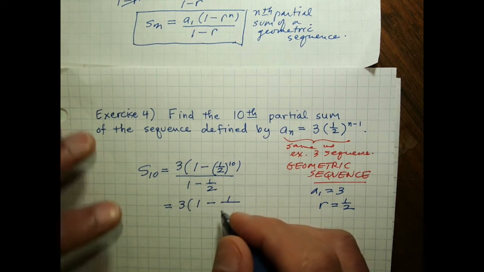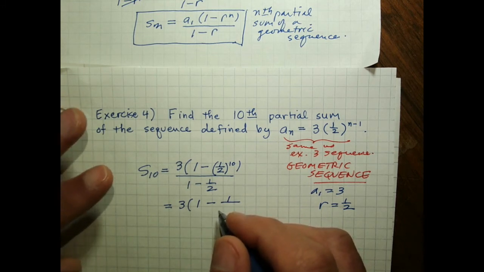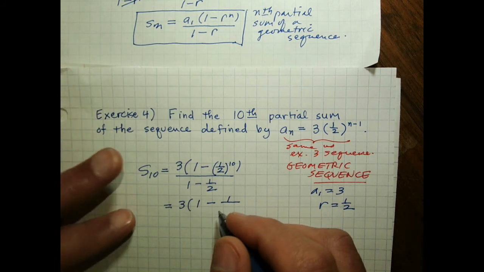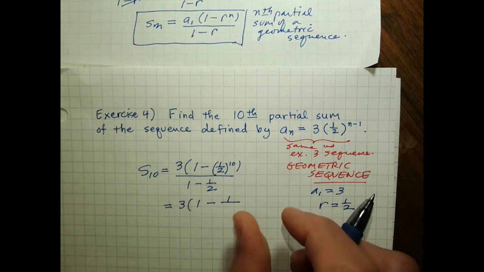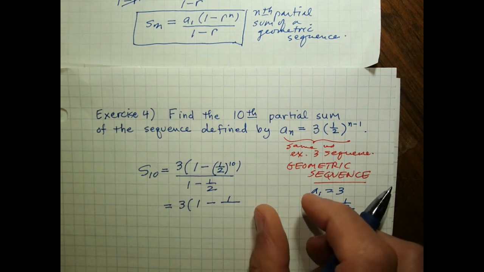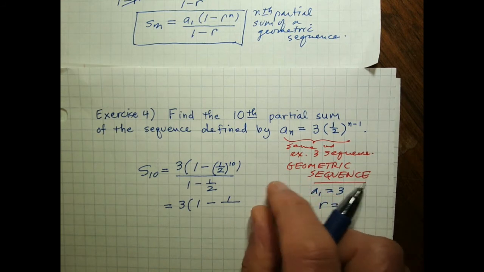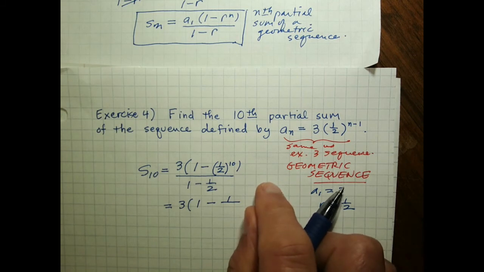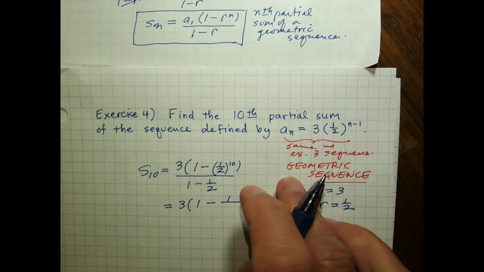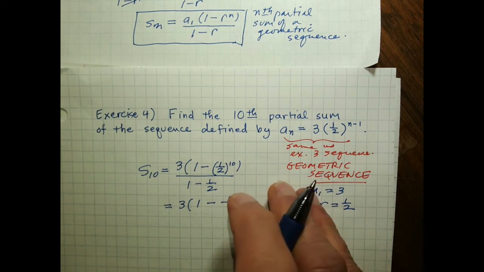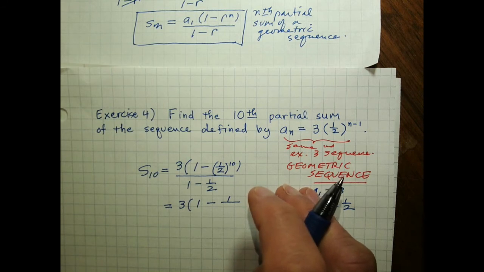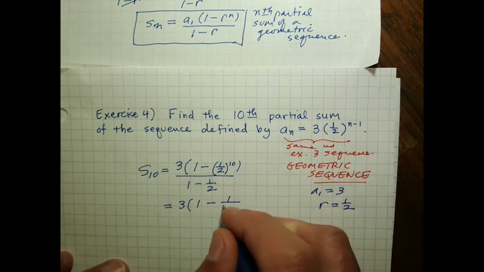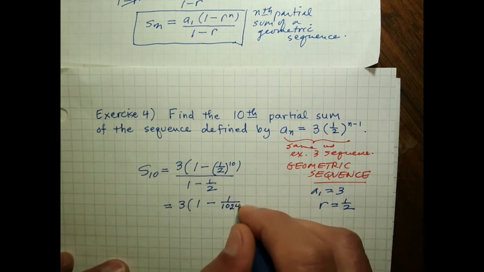Now you can figure that out in your head, right? 2 to the first, 2 to the second is 4, 2 to the third is 8, 16, 32 is 2 to the fifth, 32 times 2 is 64, which is 2 to the 6, 128 is 2 to the 7, 256 is 2 to the 8, 512 is 2 to the 9th. 512 times 2 is 1,024. 1,024 is 2 to the 10th power.